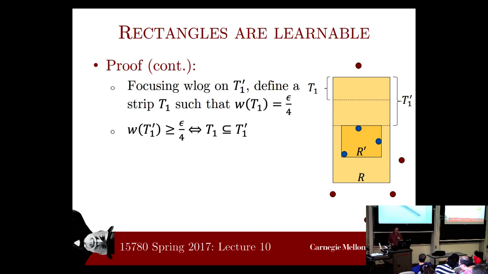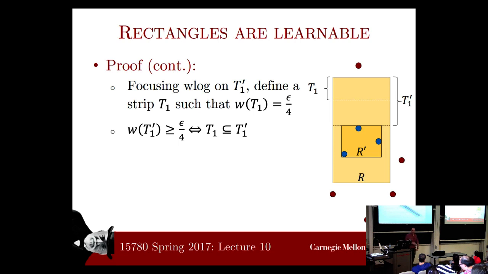Okay, I want to argue that a couple of properties hold. The first property is that the weight of T1 prime is at least epsilon over 4 if and only if T1 is contained in T1 prime.